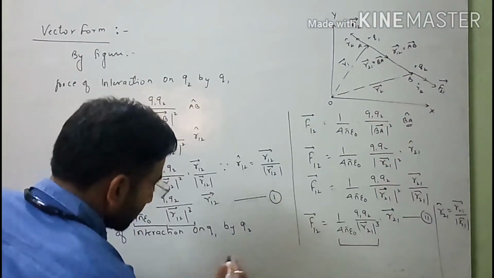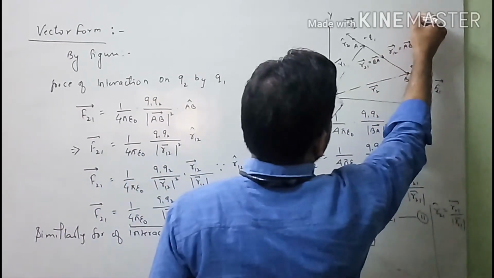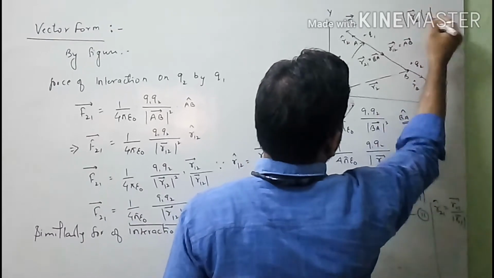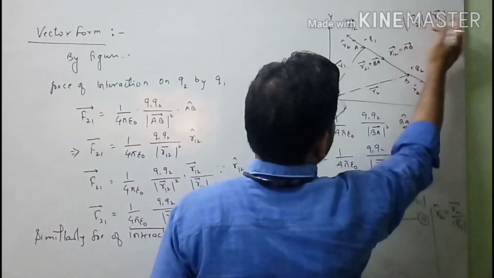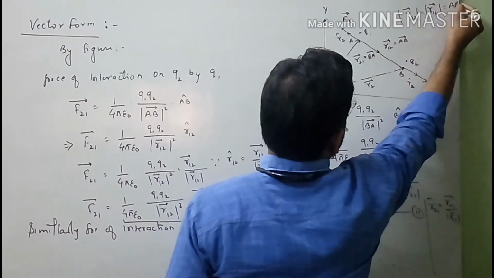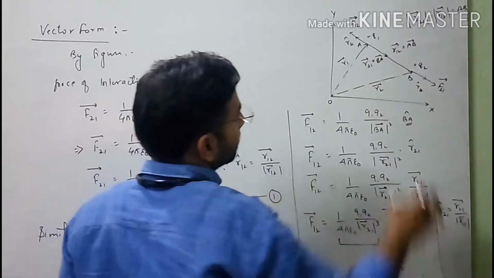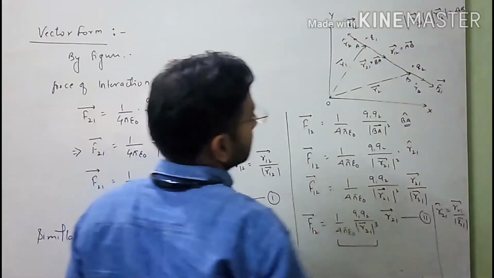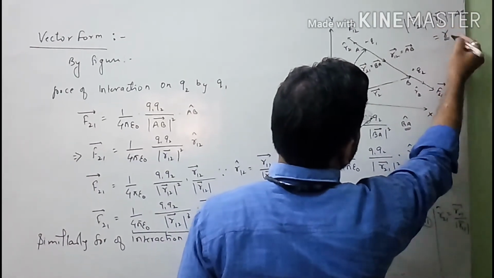Here, student, you know that the value of R21 in mod form, means magnitude of R21, and magnitude of R12 both are equal to the distance AB. You can see here distance remains constant because the point charges are fixed at a particular place. So you can write here R also.